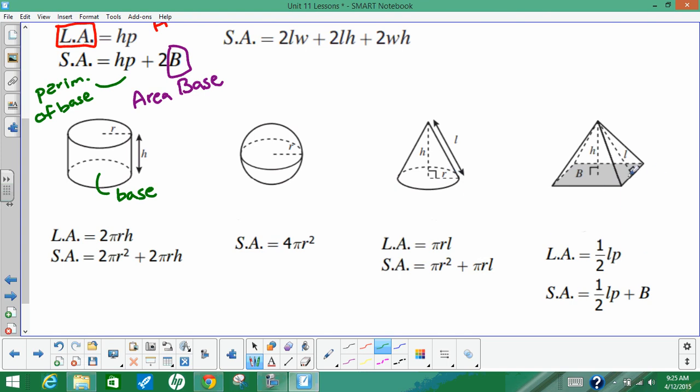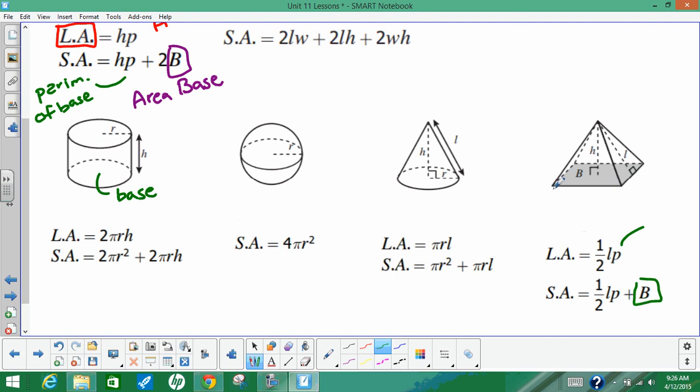And over here, what's unique in the pyramid section is, again, we have capital B. Remember, capital B is the area of the base. So in this case, it would be the area of a square. And little p, again, is the perimeter of the base. And we find the perimeter of a square, or anything really, just by adding up all the sides.